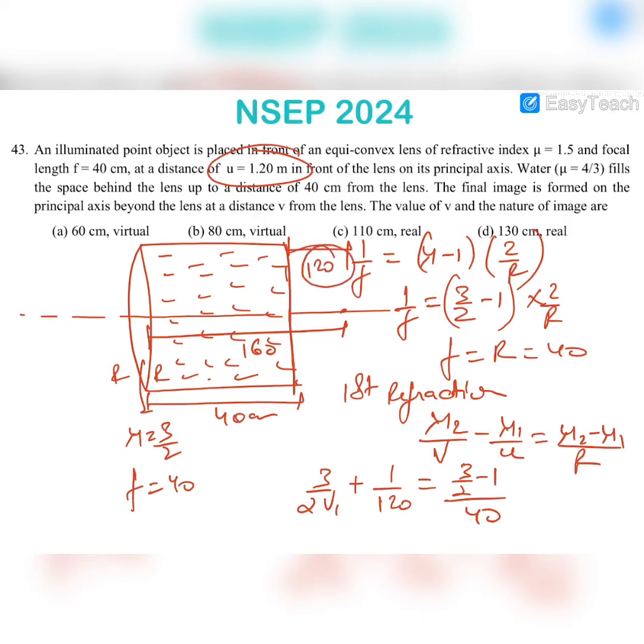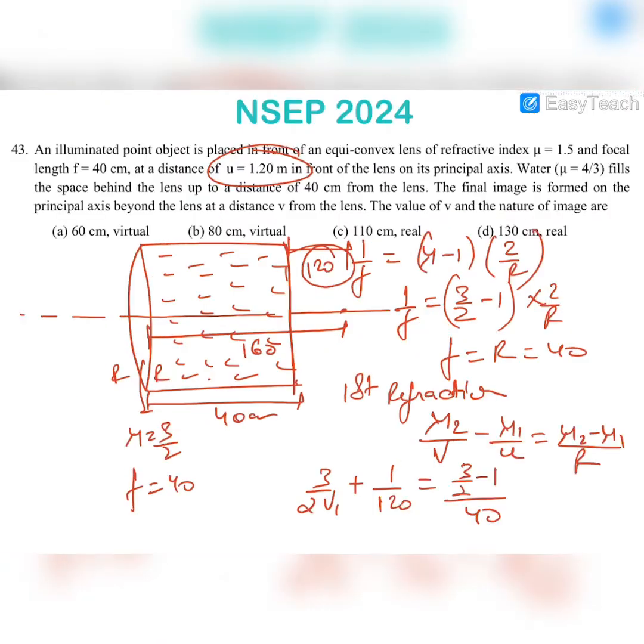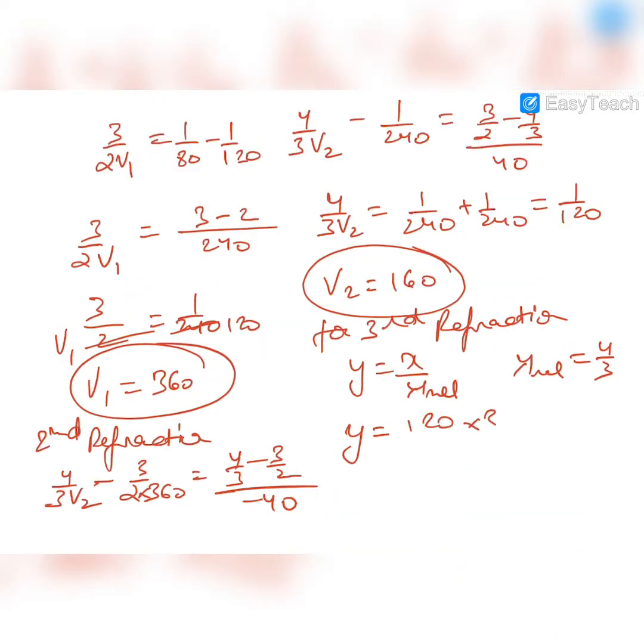And as we know that rays are moving from denser medium to rarer medium, and this is a refraction on a plane surface, so for the third refraction we will use the formula y is equal to x upon mu relative, and mu relative will be equal to 4 by 3. So y will be equal to x, which is the distance of the image from this surface, which is 120. So it would be 120 into 3 by 4. So it is equal to 90.